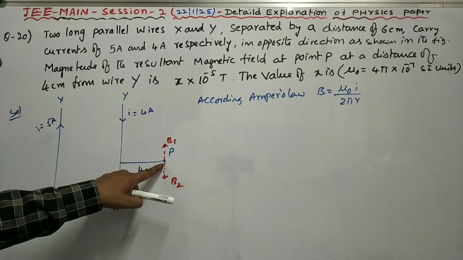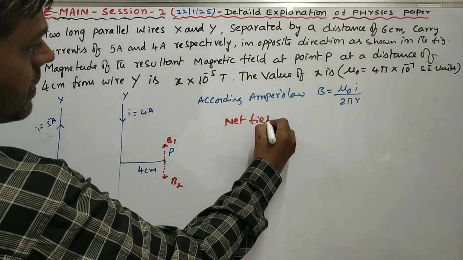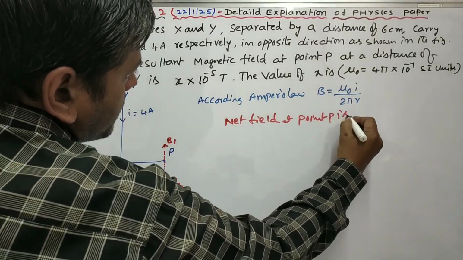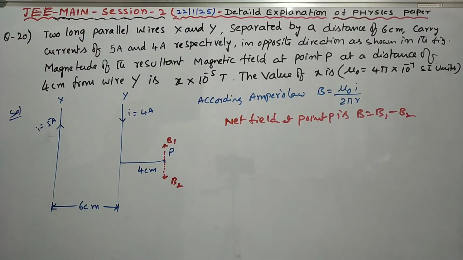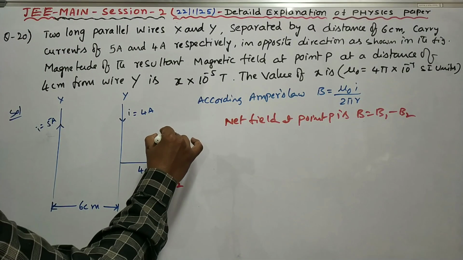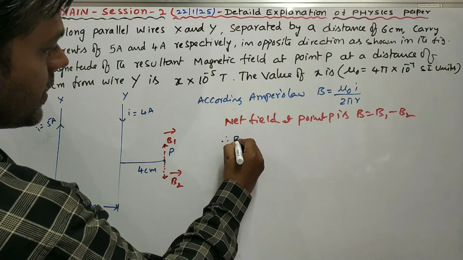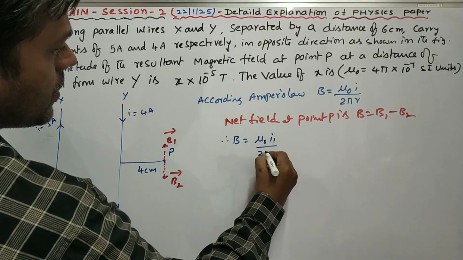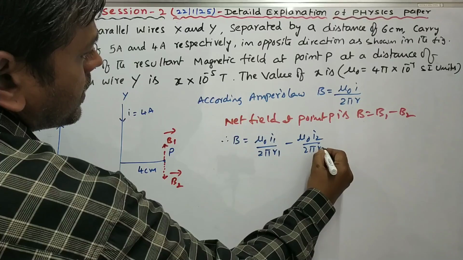So the net field at point P is B is equal to B1 minus B2, because both are acting in opposite directions. B1 is a vector, B2 is also a vector. Therefore the net field B is equal to mu naught I1 by 2 pi r1 minus mu naught I2 by 2 pi r2.